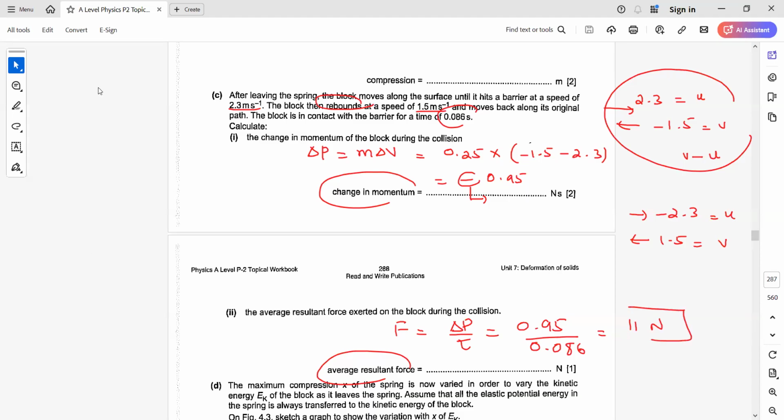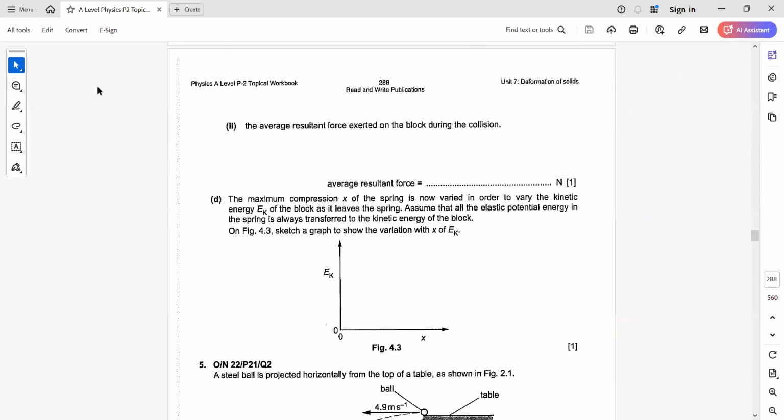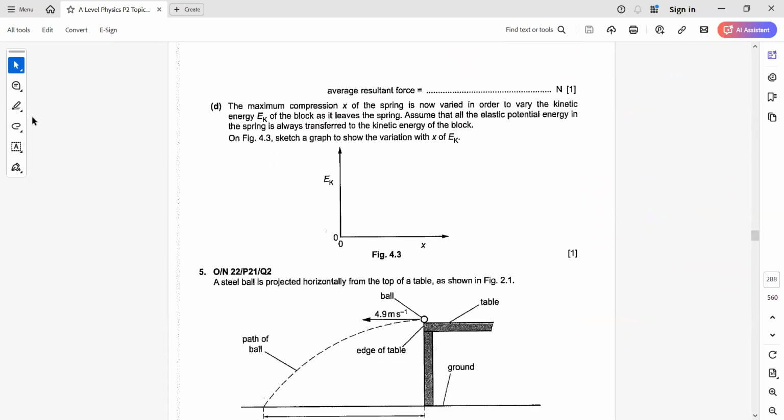Now, it says the maximum compression X is varied in order to vary the kinetic energy. That means we are studying the relationship of compression. So the idea here is that if we have larger compression, we are going to have more kinetic energy. So the relationship is going to be direct. But if we understand the equation of kinetic energy that is converted here into elastic potential energy, that's related to the square of the compression.